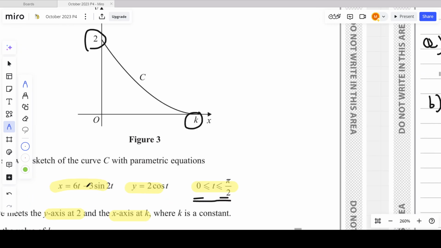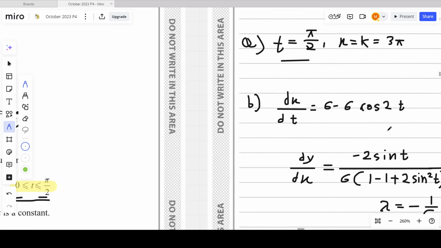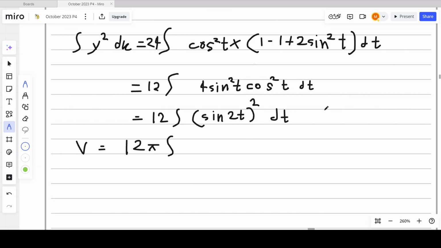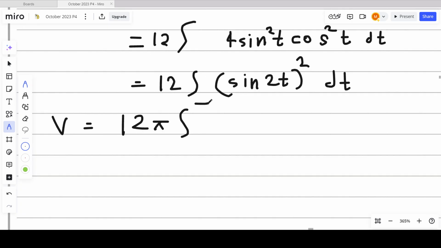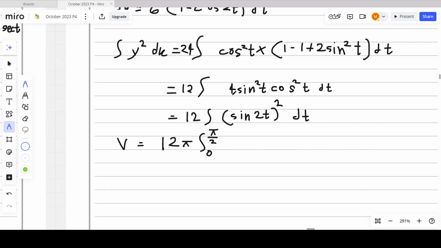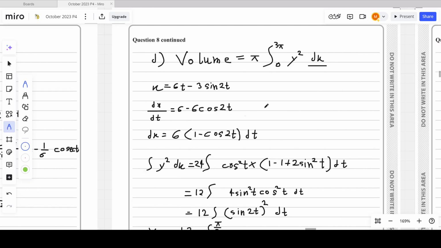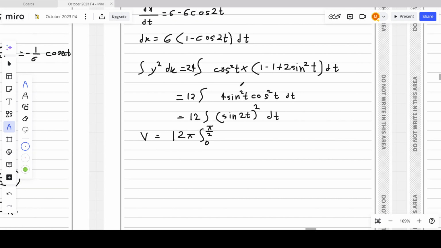Yes, it will be 0. So pi over 2 to 0. We are just finding the corresponding values of t for 3 pi and 0 using the x parameter.